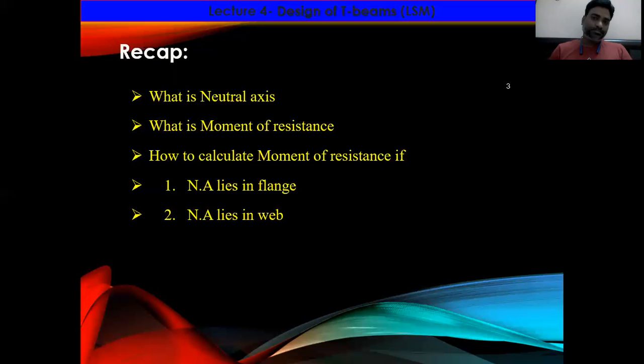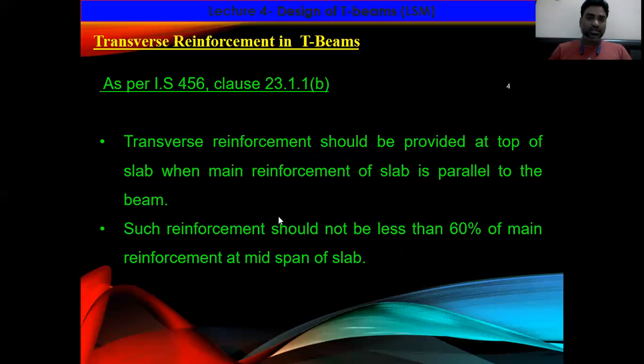Today, before going to the procedure, I would like to discuss the transverse reinforcement which is required to be provided in T-beams as per IS 456-2000 clause 23.1.1b.